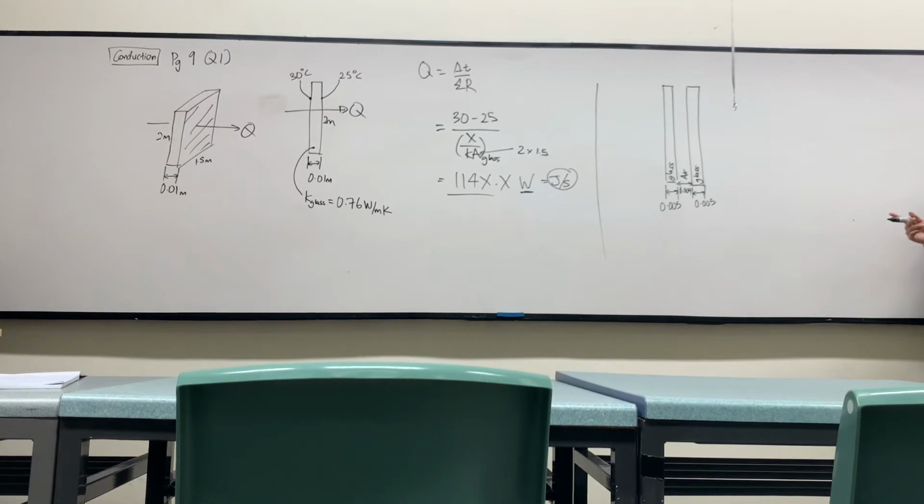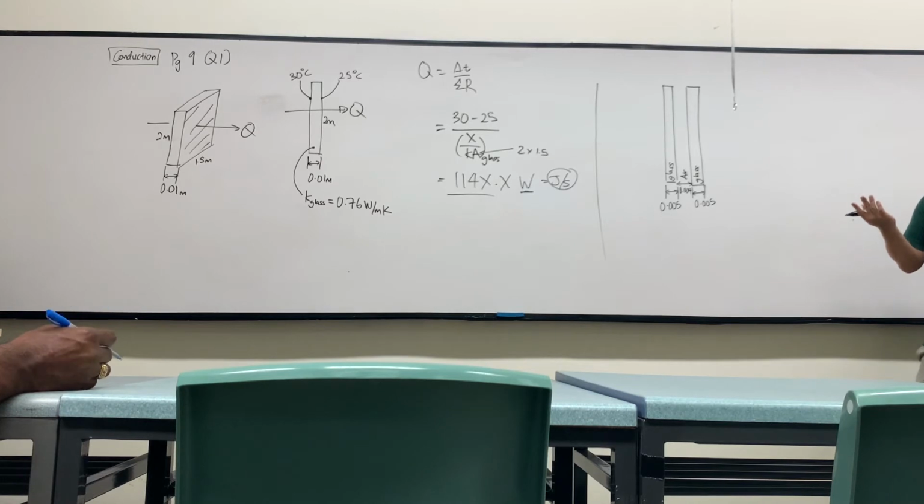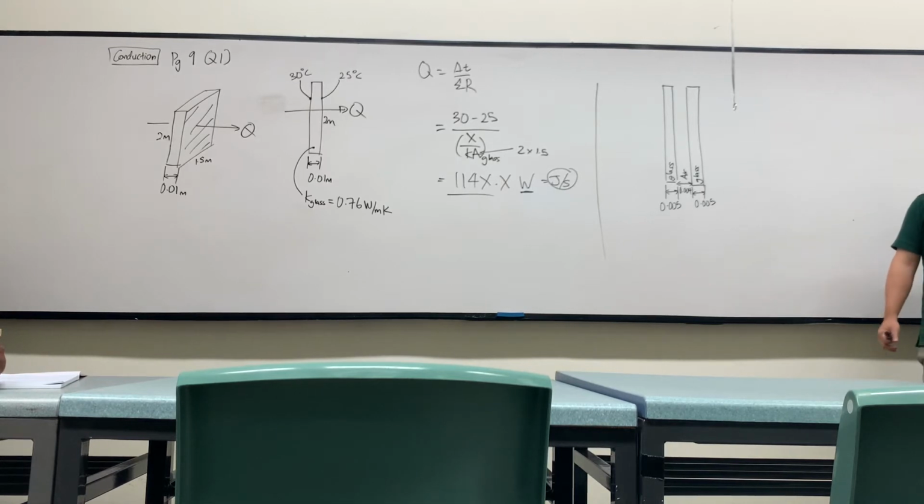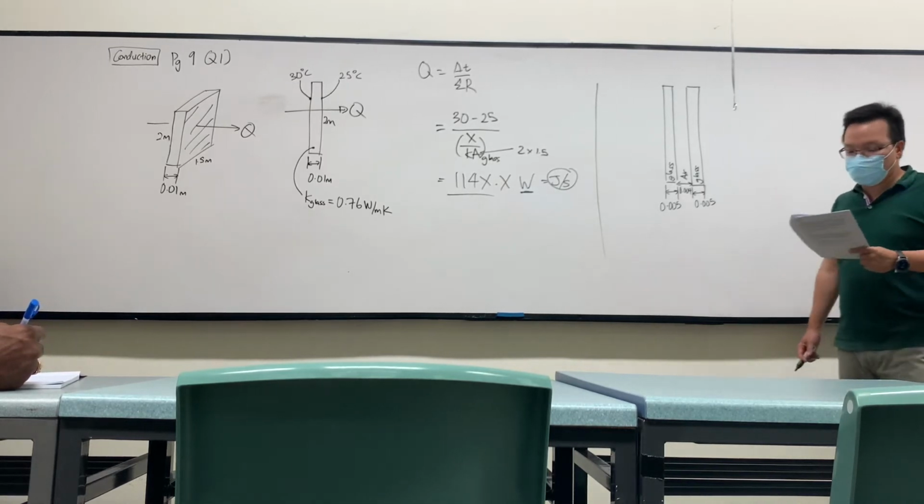Glass 5 mm, air 4 mm. So glass, air, glass. That's basically what they say over here: window changed to double glazing construction having two 5 mm thick glass and a 4 mm air gap in between. It basically asks you to find the percentage reduction in the heat transfer.